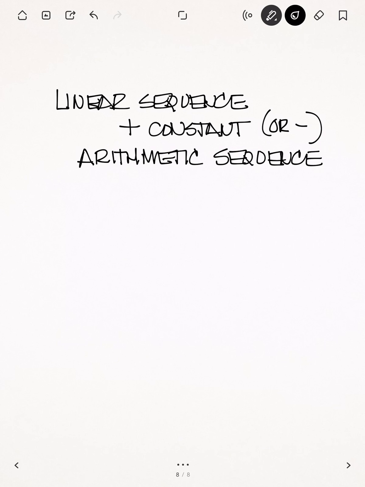So in your homework, they're going to have, what type of sequence is this? And you're going to say, instead of linear, you're going to say arithmetic. Okay. The other type of sequence we learned today was an exponential.